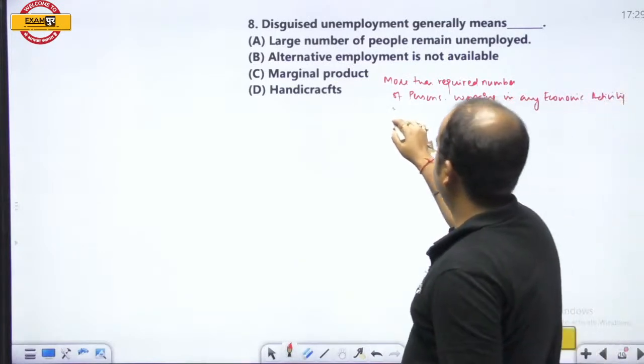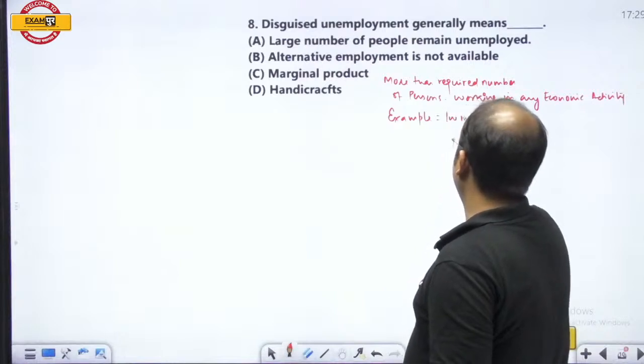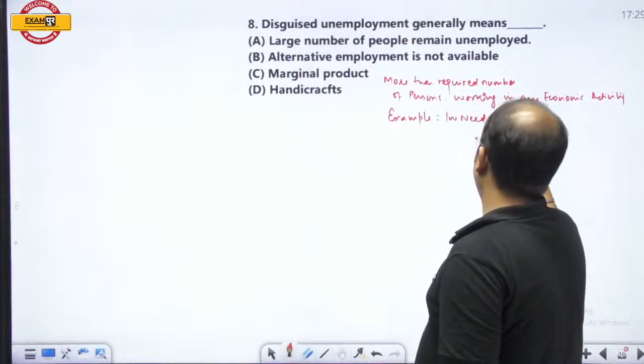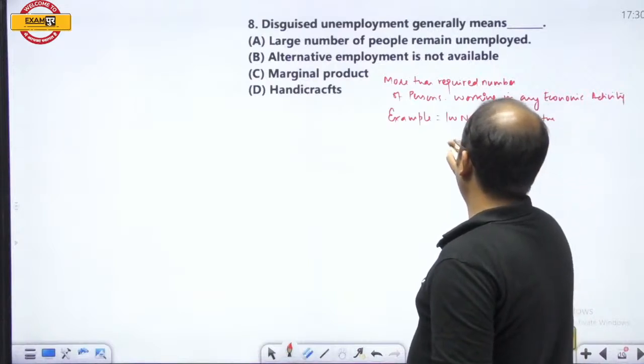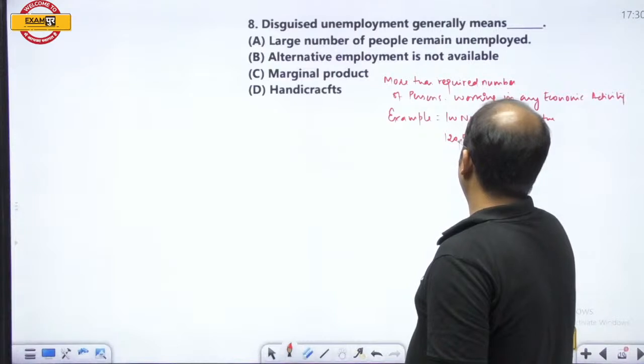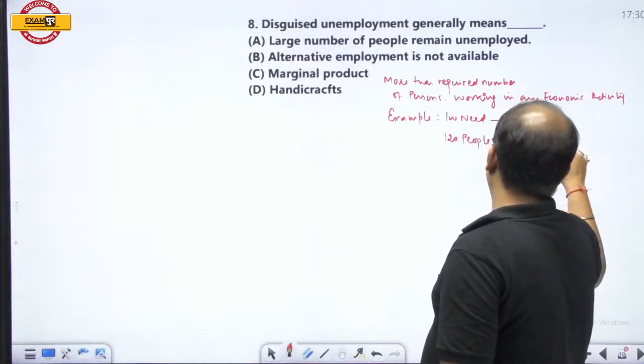For example, 100 people are needed for agriculture and 120 people are working in agriculture.